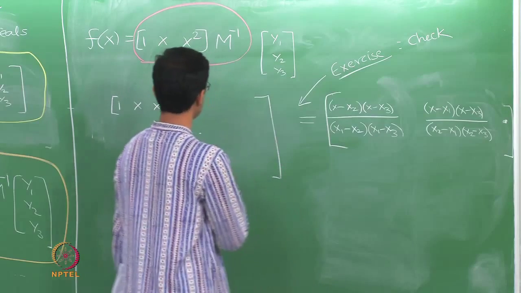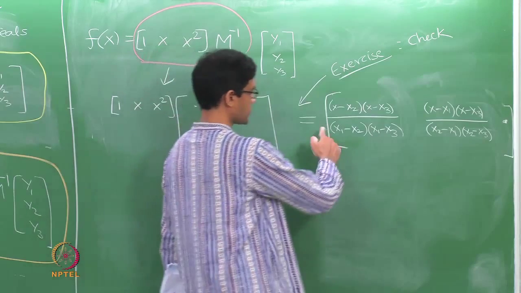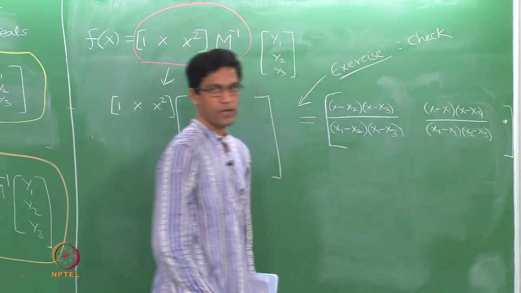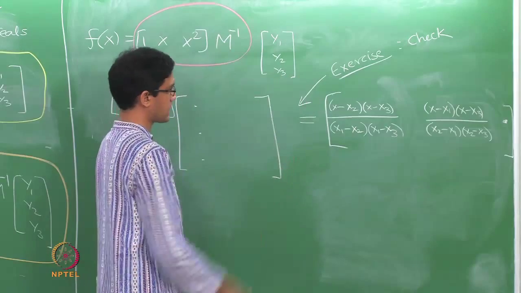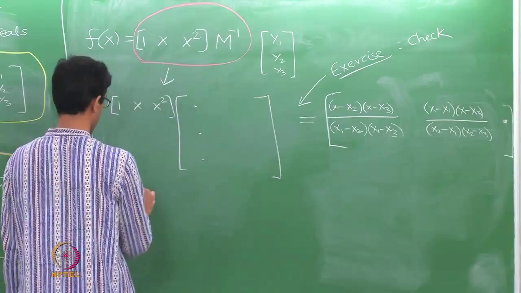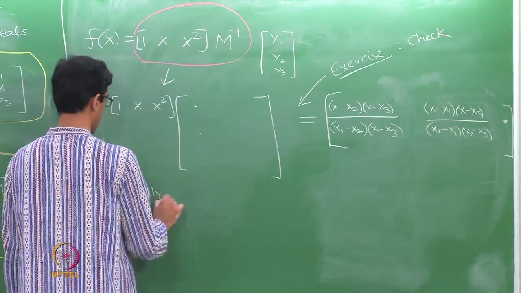Okay? So finally, what's the final answer? The function f of x that we were looking for is just this row vector multiplied by the column vector y1, y2, y3. Okay? And if you complete the calculation, you'll see that's exactly the formula for Lagrange interpolation. So the final step, I'll again leave this as an exercise.